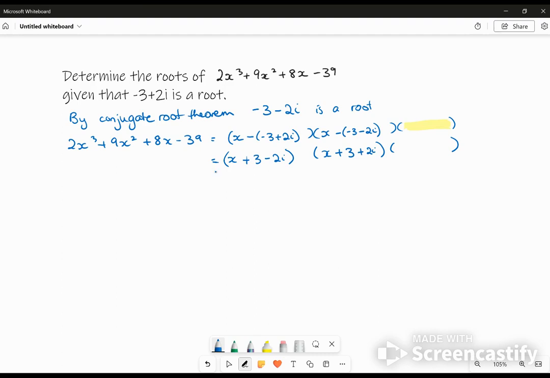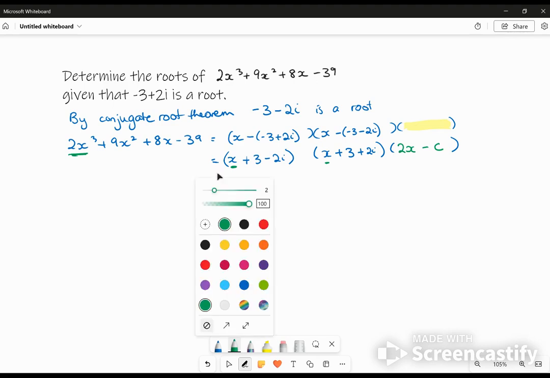Okay, if that is the case, then there are some things that we do know. Because there's a 2x cubed here, and there's an x there and an x there, this one here must be 2x. We do know this. I'm just going to put a minus c here because we haven't quite figured out what that one's going to be.